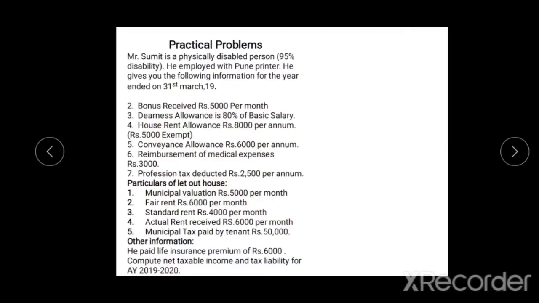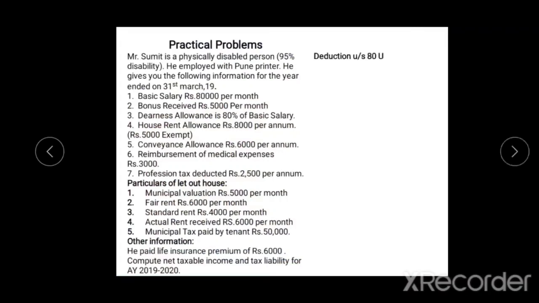Or if the person is disabled more than 80%, then that person is eligible for a deduction of rupees 1,50,000 under section 80U. So Mr. Sumit will get a deduction under section 80U and the amount of deduction is 1,50,000.